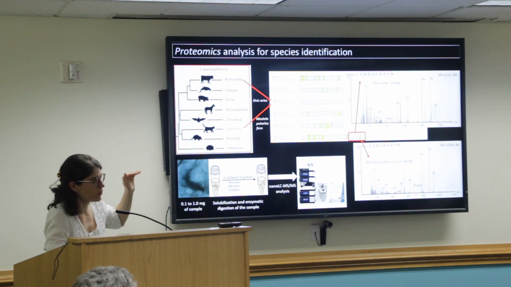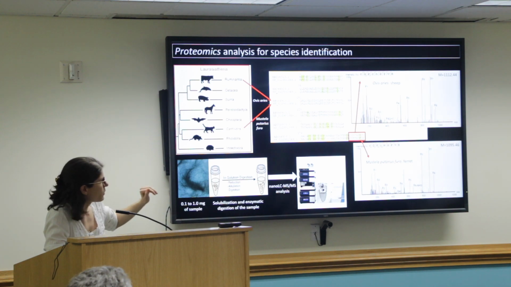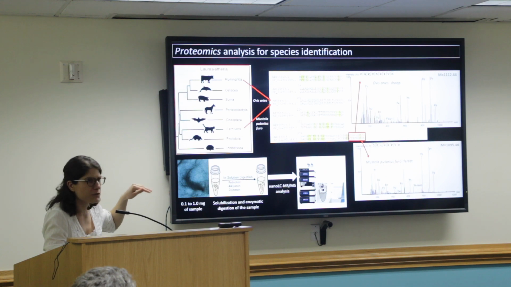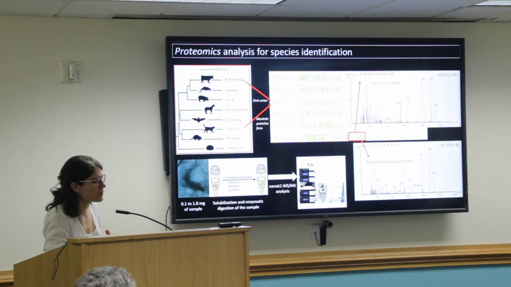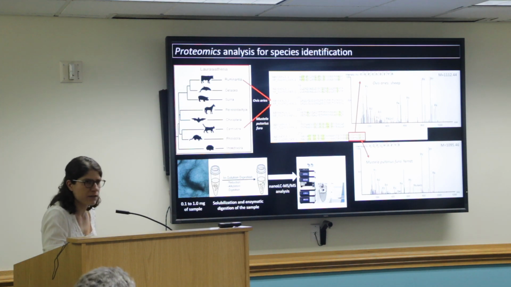On the top, you have the sequence from the sheep, and on the bottom, a sequence from the ferret, and you can see only one amino acid is different. Y is F in the ferret, so it's a different mass and a different mass spectrum. So looking at this type of marker, we can identify what species this protein is made from.